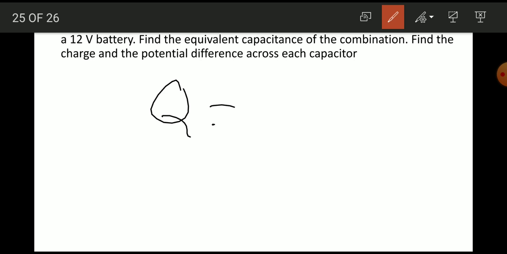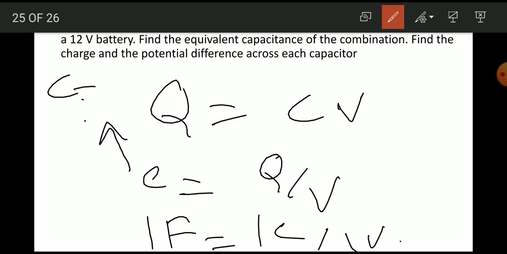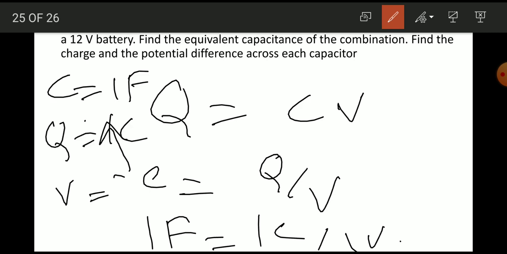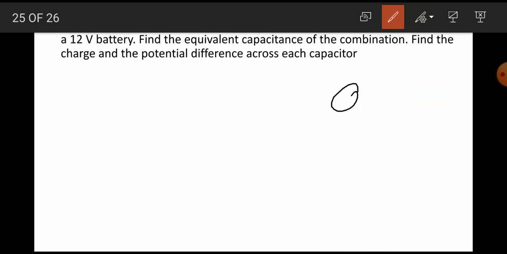Q is equal to CV, so C is equal to Q divided by V. 1 farad is equal to 1 coulomb per 1 volt. The capacitance of a capacitor is said to be 1 farad if a charge of 1 coulomb flows and produces a potential difference of 1 volt.